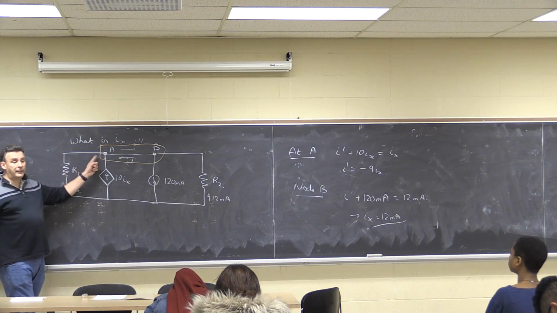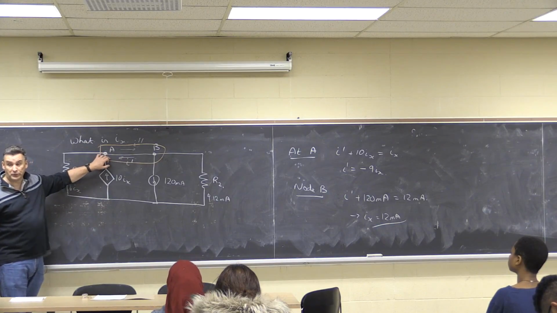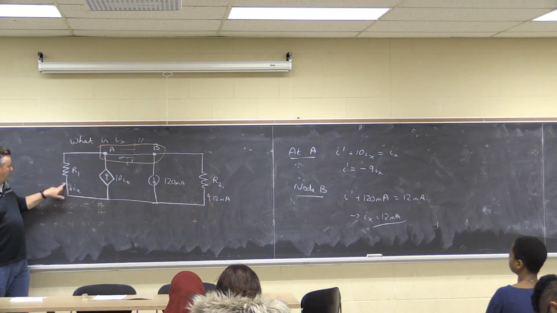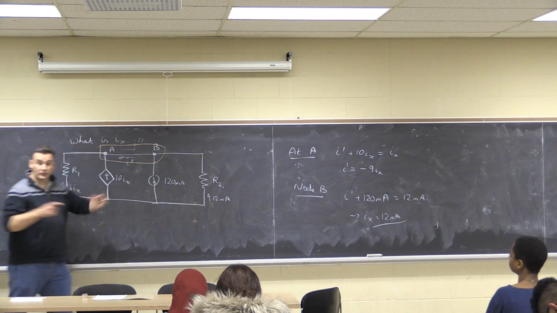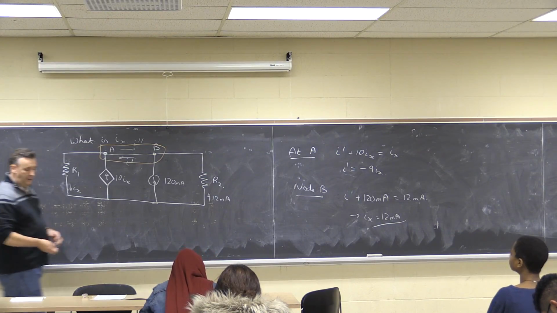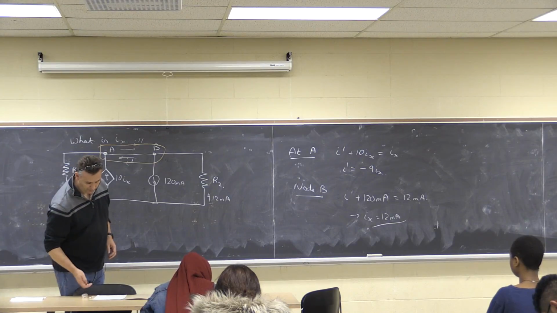The current flowing into and out of this supernode still adds to 0. So maybe I don't need the intermediate step. I can add this one, this one, this one, and this one, and just do it in one line. So that would be called a supernode, and we'll look at that more formally in a couple of weeks' time.